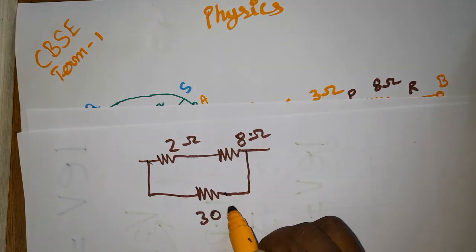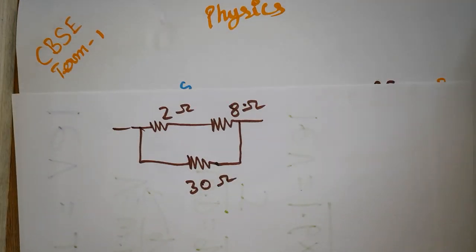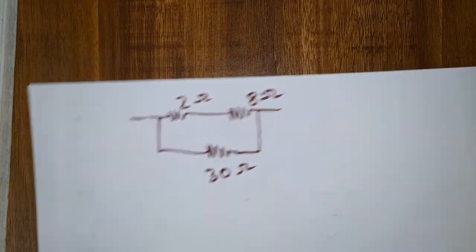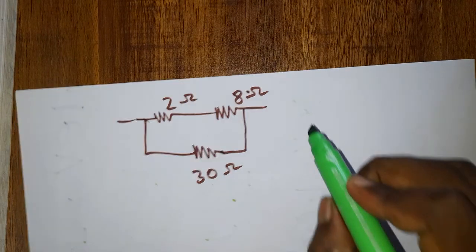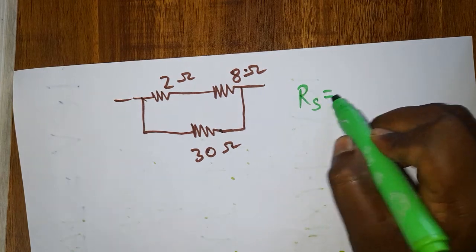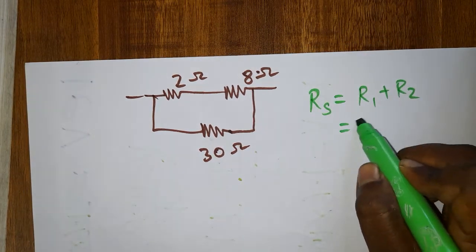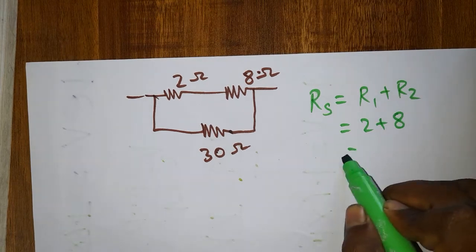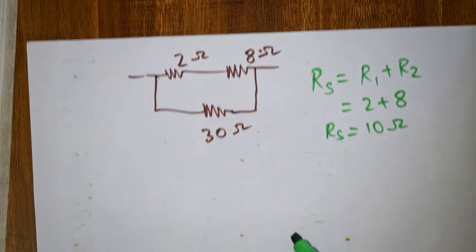Now these two are in series, so you can add both resistances: R1 plus R2. R1 is 2 ohms, R2 is 8 ohms. 2 plus 8 is 10 ohms. So R in series I got as 10 ohms.